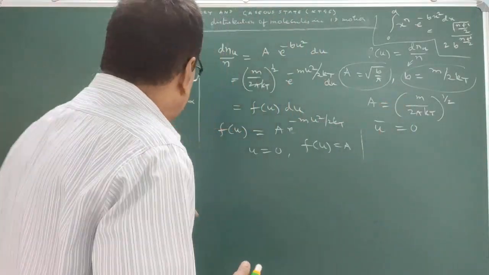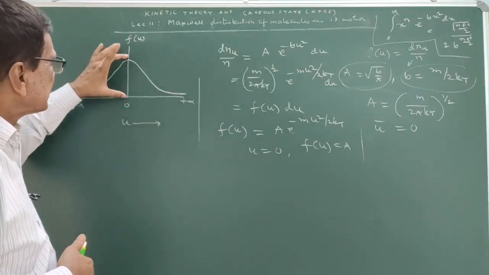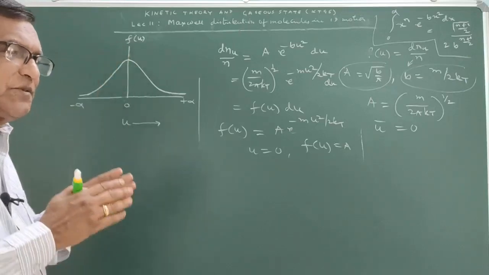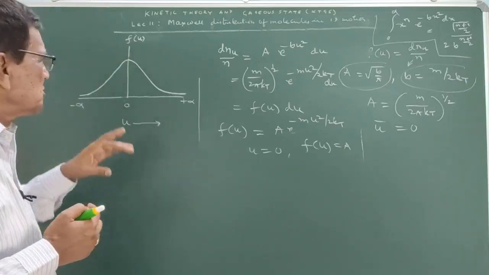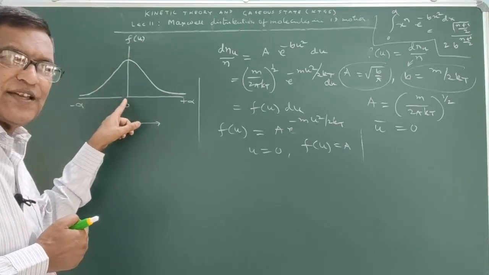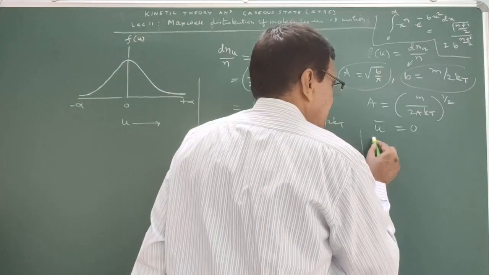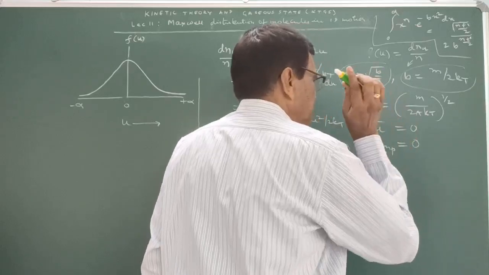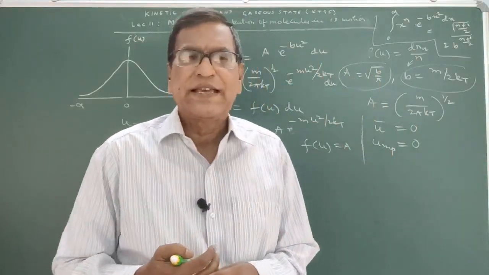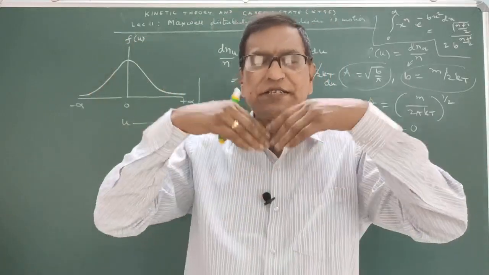And in this case, whenever u equal to 0, this curve attains maximum, meaning the most probable x component velocity is equal to 0. So this u_MP, most probable x component velocity, is also equal to 0. Whenever u equal to 0, this F(u) attains its maximum value.